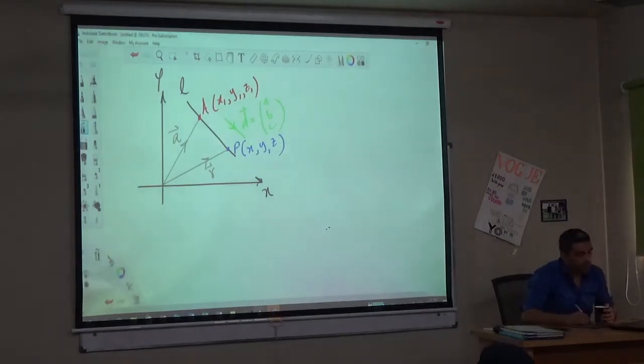Now, if you remember basic addition of vectors, let's just list down what these are first of all. L is your line.